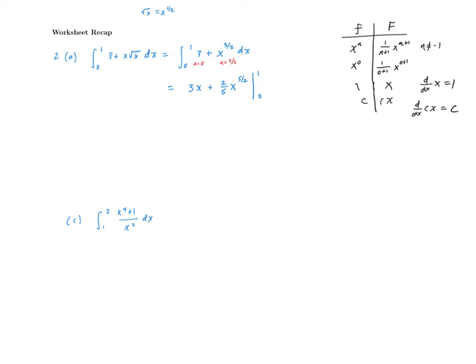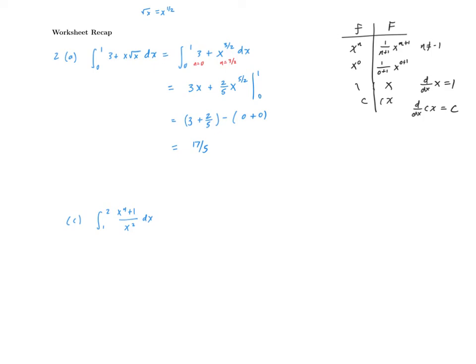We now simply substitute in 1, put a minus sign, plug in 0. So we would have 3 plus 2/5 when we substitute in 1, minus sign we substitute in 0. 3 plus 2/5, if you want to combine it, that's 17/5, but you could certainly leave it one step shy of this.